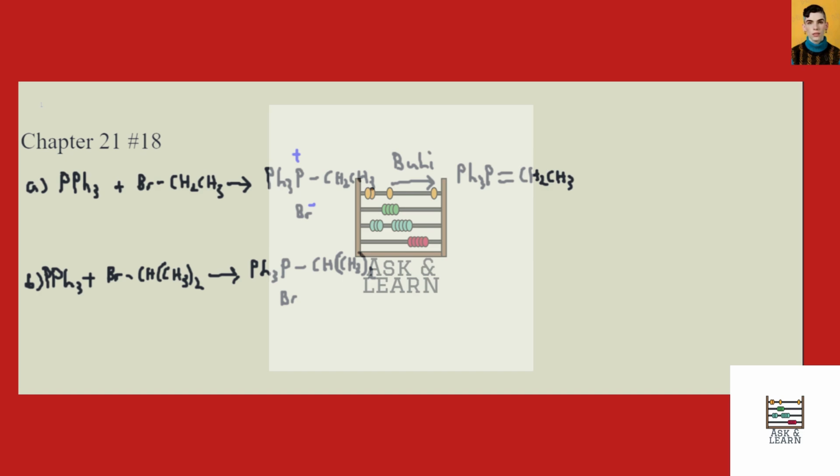Okay. And then I'll go ahead and put the charges in blue once again. So negative, positive. And then again, treating that with butyllithium gets us to our Wittig.